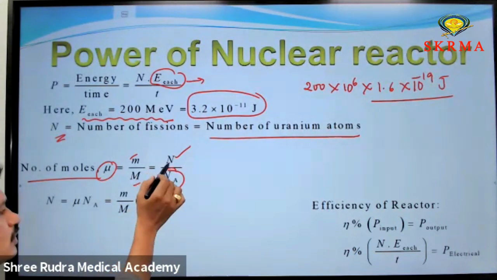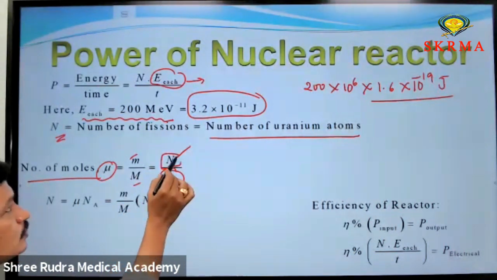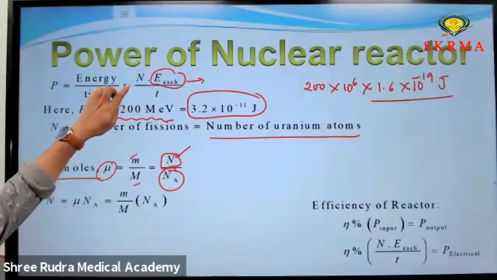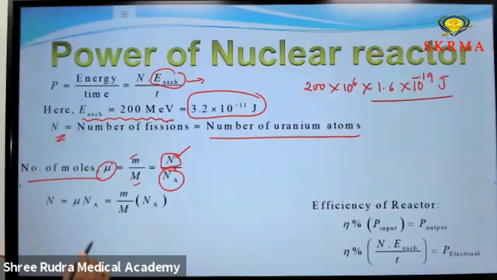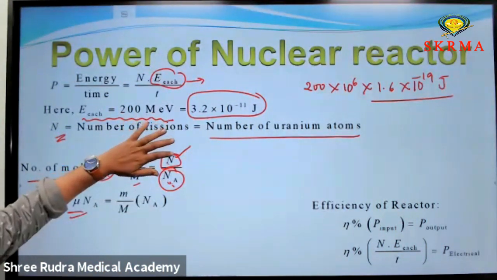From this equation, we can calculate the capital N value. Capital N equals the number of moles times the Avogadro number. If you move Na to the left side, mu times Na is capital N. Or from the second equation, small m by capital M into Na gives the capital N value. Capital N is nothing but the number of fissions.